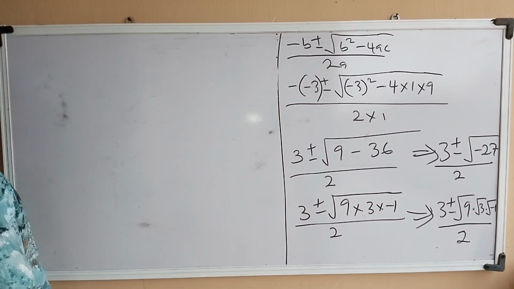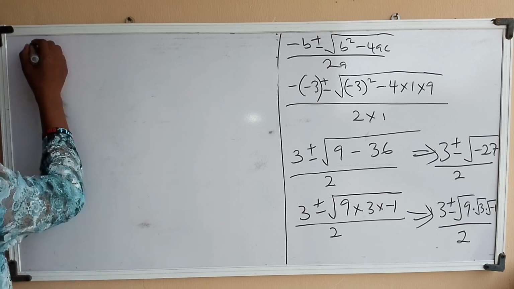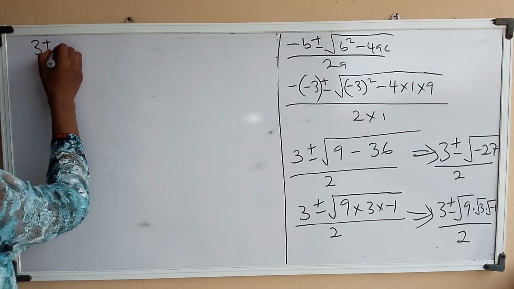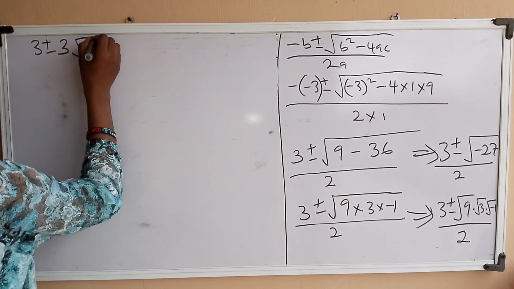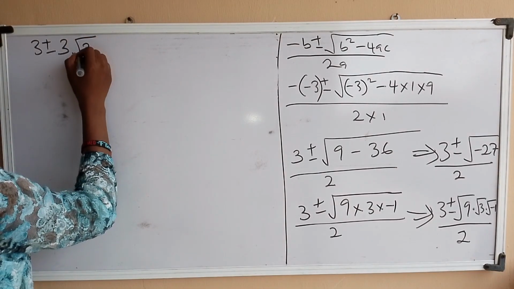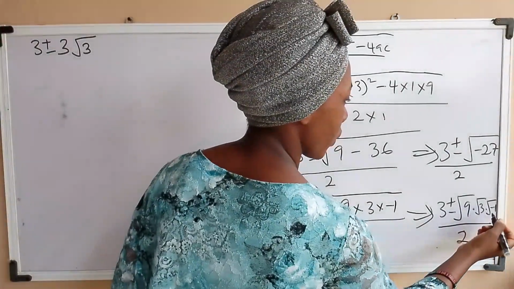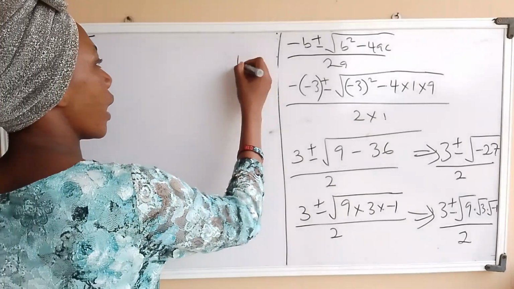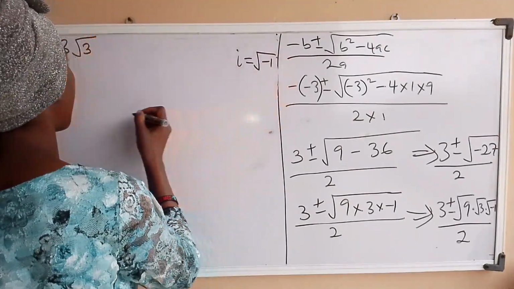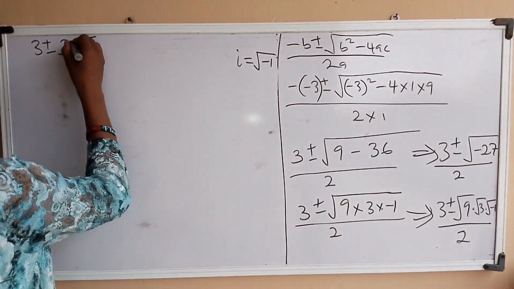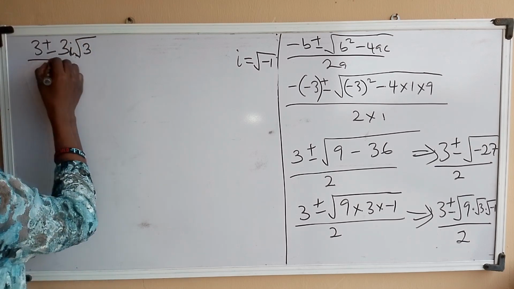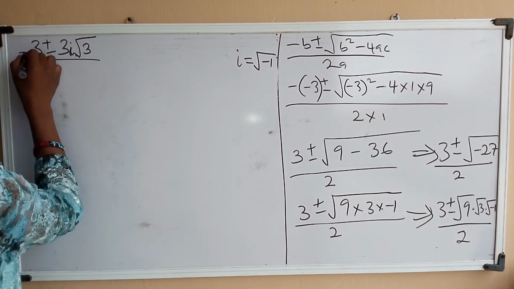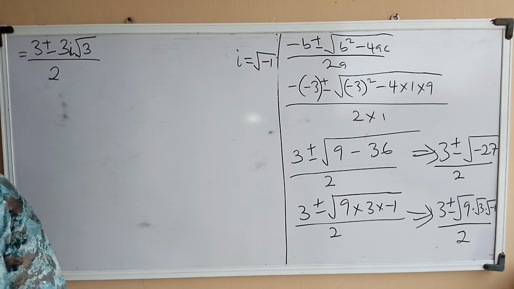So from there, we have 3 plus or minus 3, because square root of 9 is 3, and square root of 3 is still square root of 3, and then square root of minus 1 is an imaginary number. i is equal to square root of minus 1, so let's put the i here, all over 2.